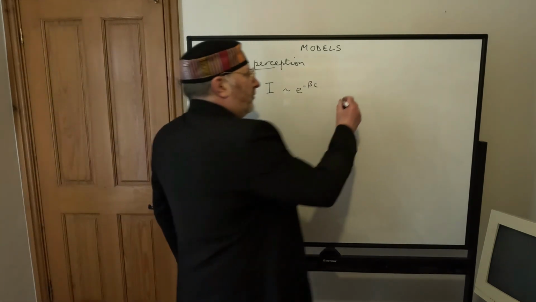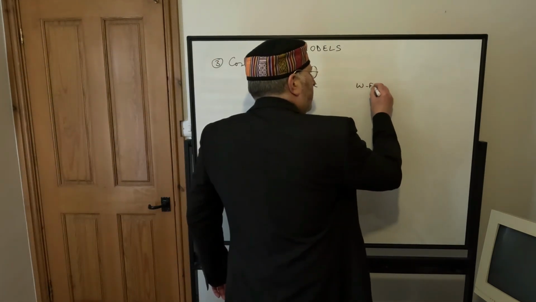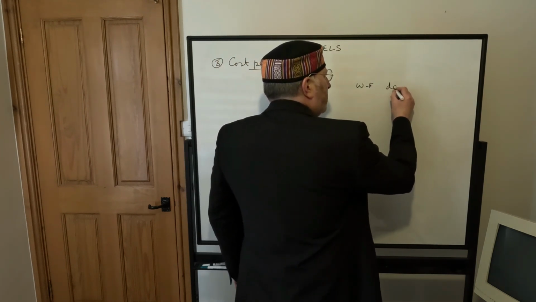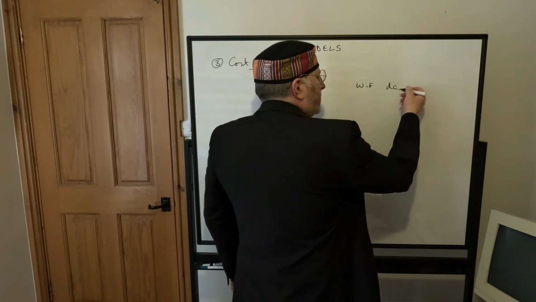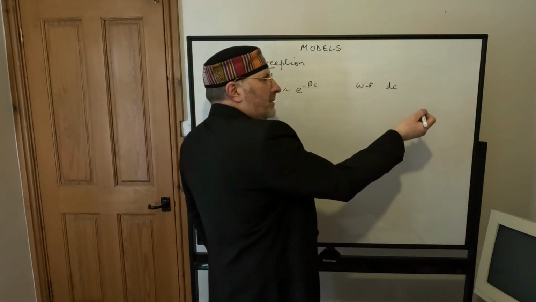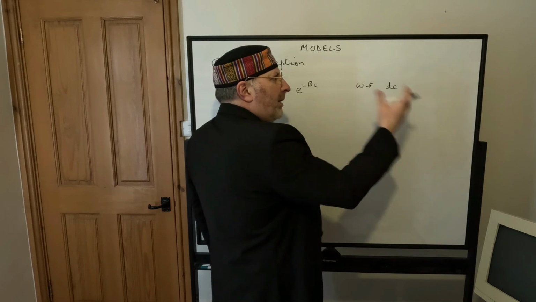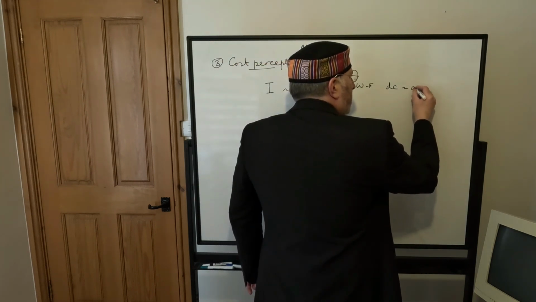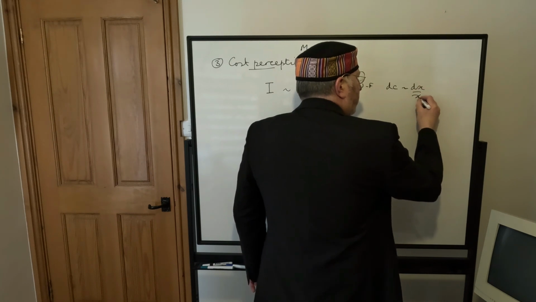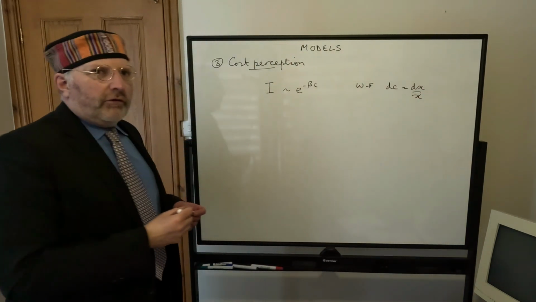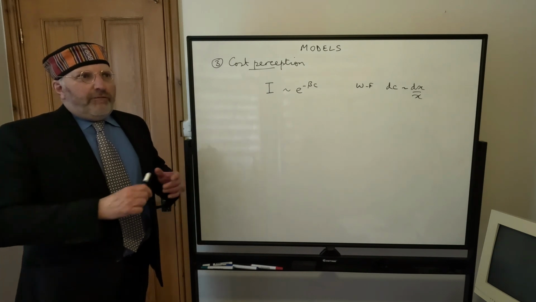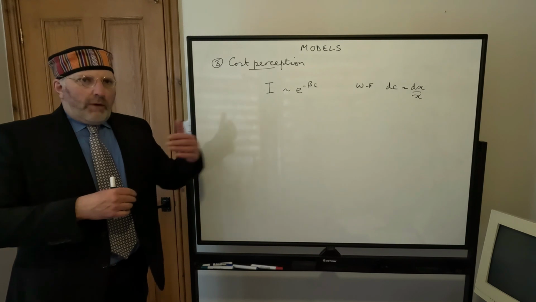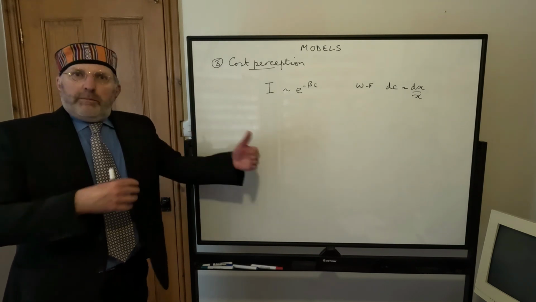But now we can introduce our old familiar Weber-Fechner law to suggest that the perceived cost is related to the distance between two places by a Weber-Fechner law. So the absolute change in the cost is related to the percentage change in the distance. And we considered this before, the idea that if you're going on a journey of 10 miles, then to go an extra mile would be quite a burden.